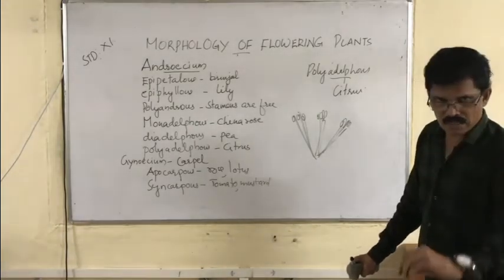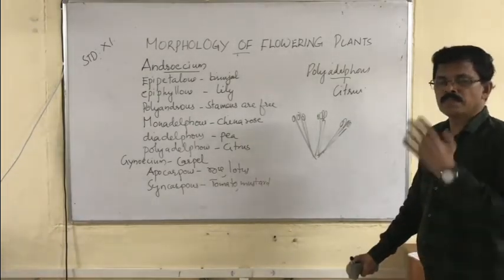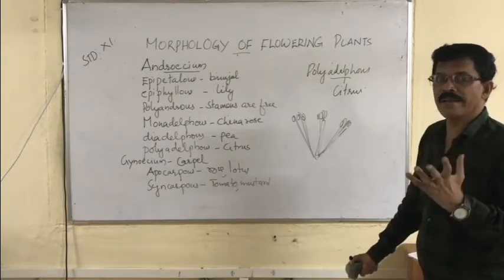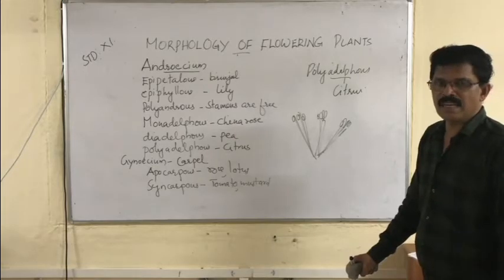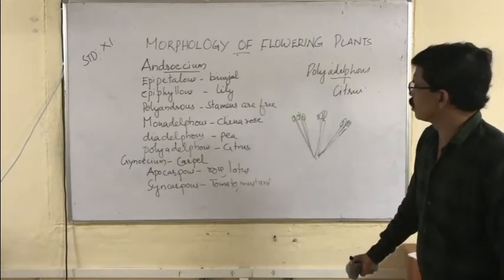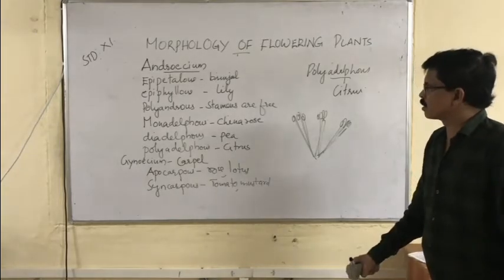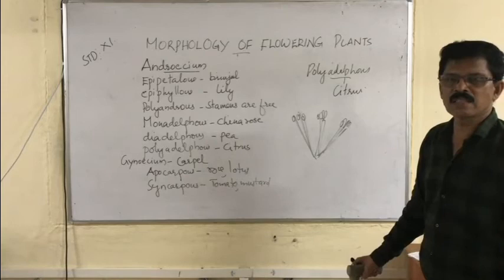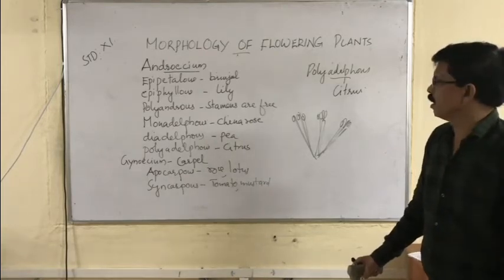Second, epiphyllous: the stamens are fused or connected to the perianth, which is the fused sepal and petal, as seen in monocots. Polyandrous stamens are free, a large number of free stamens.